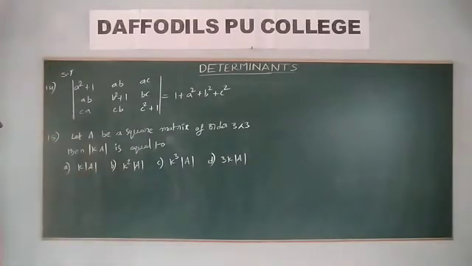A is a square matrix of order 3 by 3, and we want the determinant of k into A.